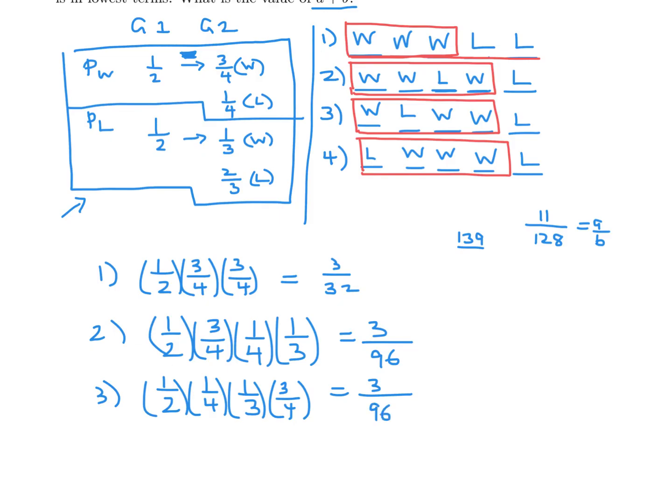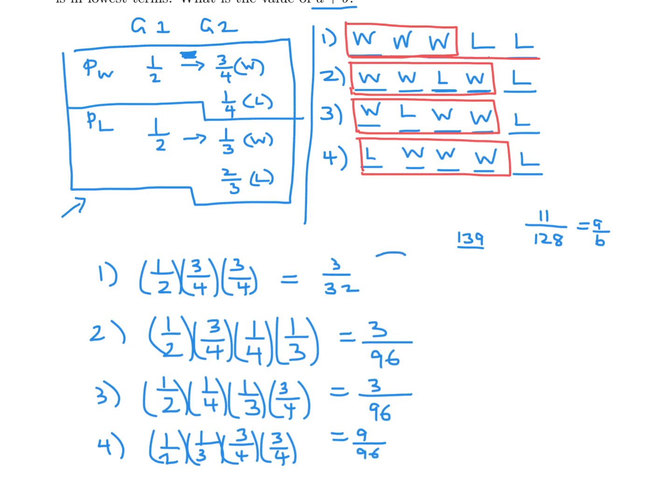Yeah, 3 over 96. And then finally, number 4, probability of losing is a half. If you lose, the probability of winning is 1 over 3. If you win, the probability of winning again is 3 over 4. And if you win, the probability of winning again is 3 over 4. So this is 9 over 96, I believe.